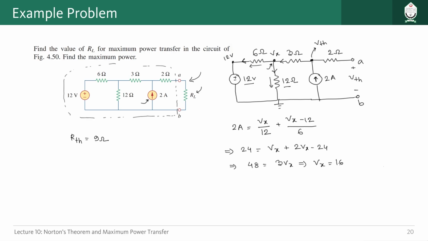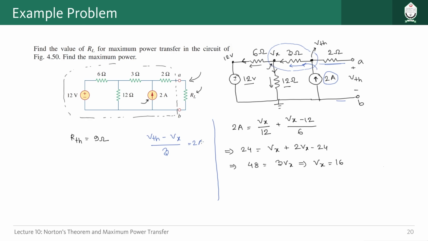Now from this one we can find the value of VTH. So just look at this particular portion here, right? Here the current which is flowing can be calculated as something like this, right? The current direction is in this direction, so we can say VTH minus Vx divided by 3, right, is equal to the current flowing. We know the current flowing in this direction is 2 ampere because this portion is open circuited, no current is flowing there, so all the currents are going in this direction, right?